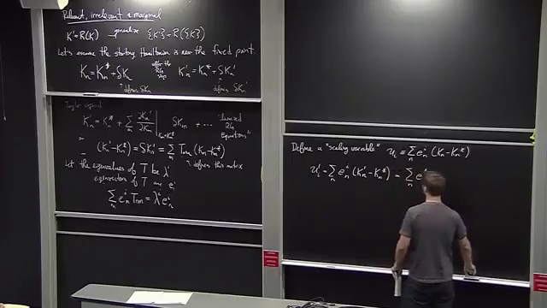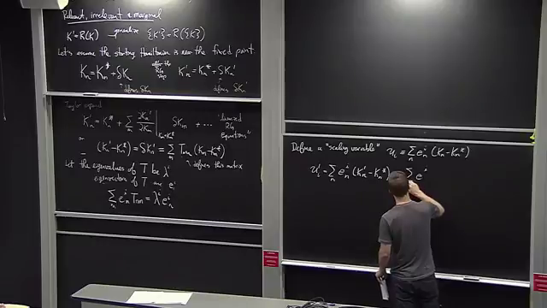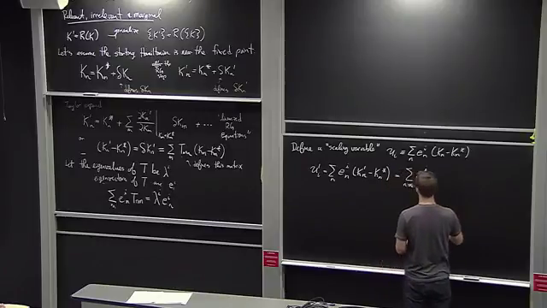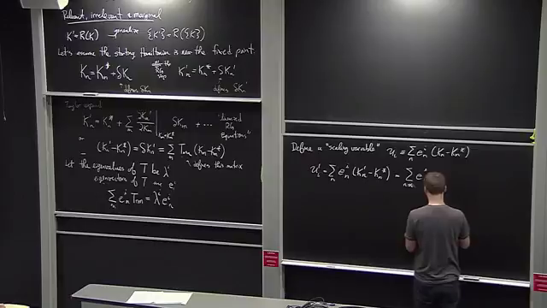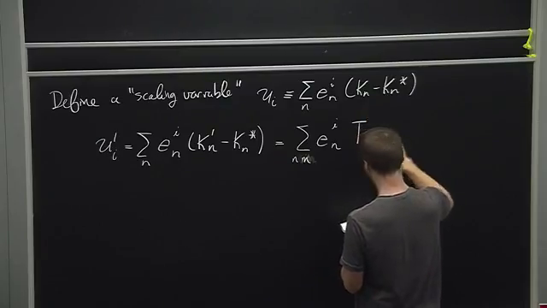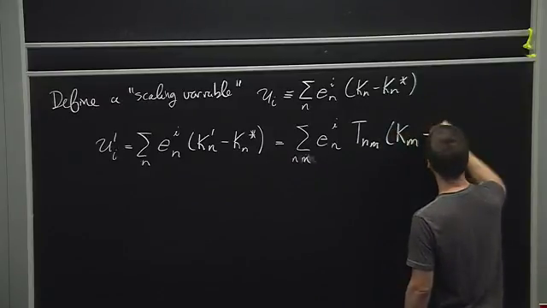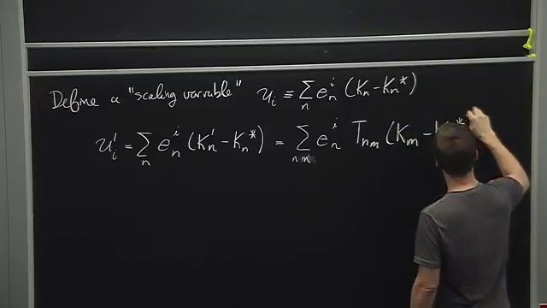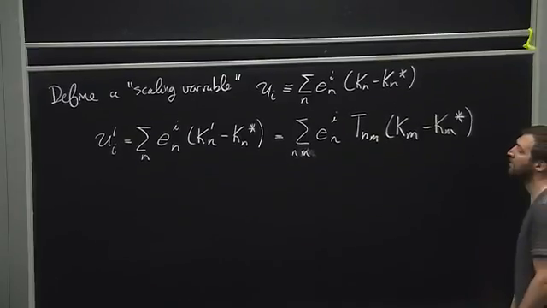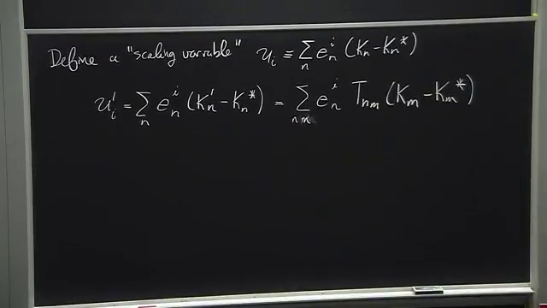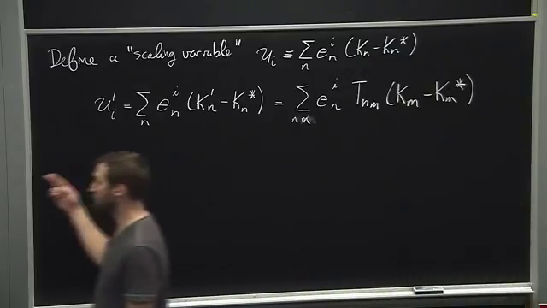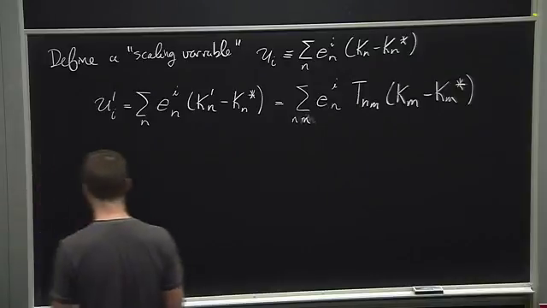So I have to add a sum, NM. Now I have that matrix, T_NM. And what I've done is I've replaced the prime with the unprimed M. Okay, but I have a definition of a scaling variable, so I actually know how to relate this to the eigenvalue.